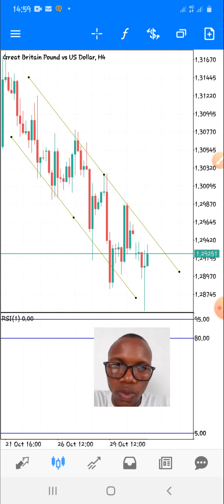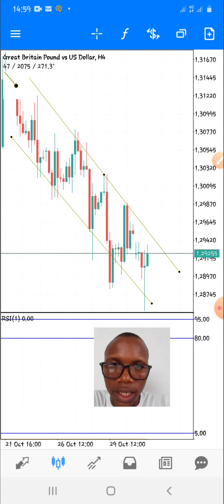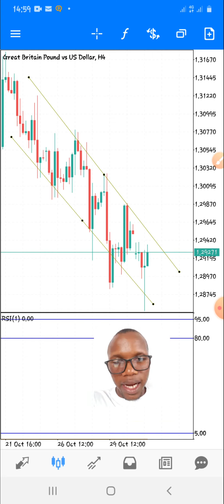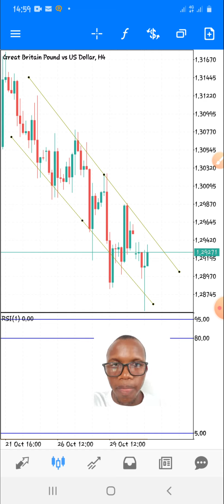The trend line should be on both sides, and make sure that all your trend lines are parallel. So that's how we analyze.